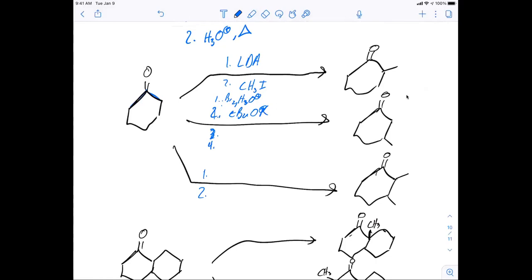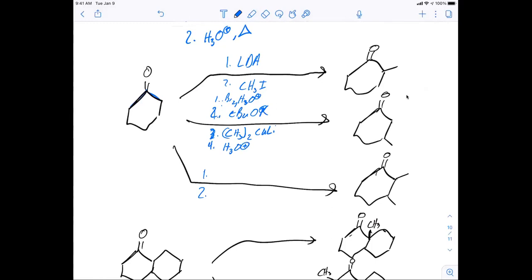Okay, that'll give us the elimination to the alpha beta unsaturated. Then we can add our cuprate. And then our proton.